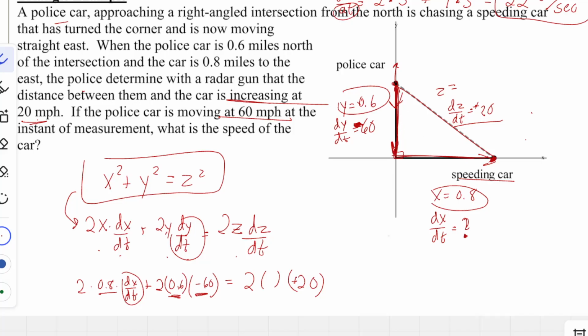This is 0.6, this is 0.8. I did that and it turns out to be 1. So just plug in 1. And then I'm going to stop there. This is just busy work, a bunch of multiplication and division. But I should get a positive number for dx/dt, because I know the car is moving that direction. So that might be like a sanity check.